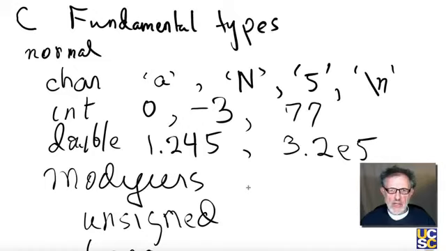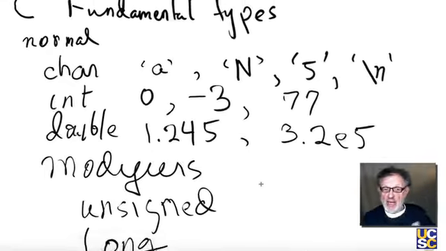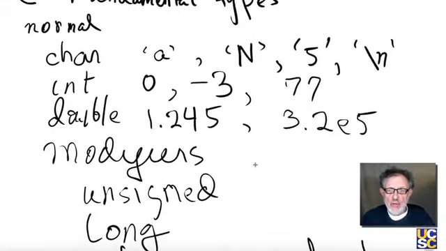Then we're going to allow the fundamental types to have further modifiers. The two critical modifiers are going to be unsigned and long. The idea of unsigned is going to apply to strictly the integers, and that's going to mean that you're going to rule out the negative numbers.